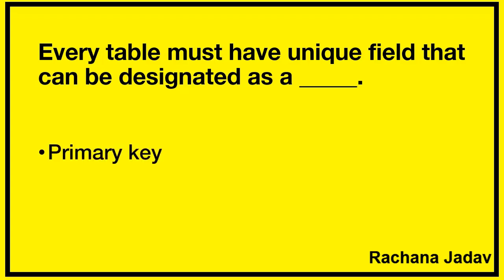In a relational database management system, you have to remember the primary key. Why? Because in the field we needed a primary key to make it unique, like Aadhaar card number, roll number, GR number. All of this makes that record unique, right? So that it is not the same for everyone.